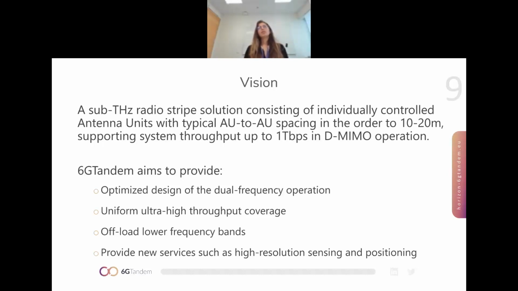And these are just visions we are talking about. What we want to provide here is this optimized design of this dual frequency operation. We want to provide ultra high throughput coverage, offload the lower frequency bands, and try to address new services such as high resolution sensing and positioning.